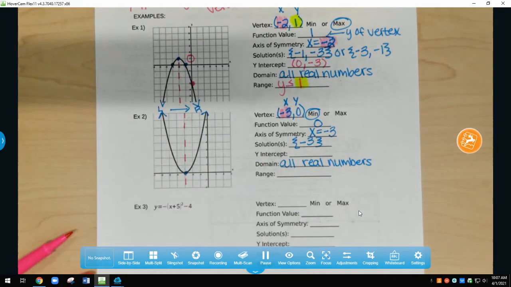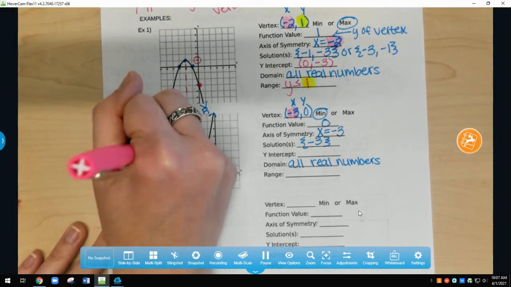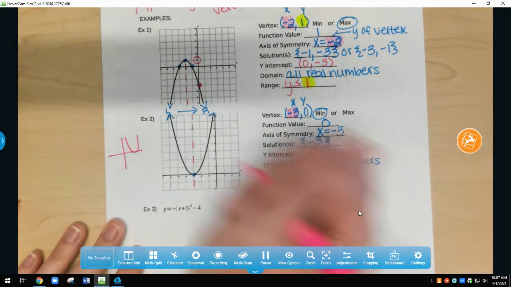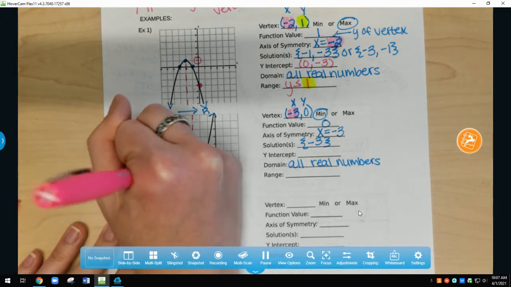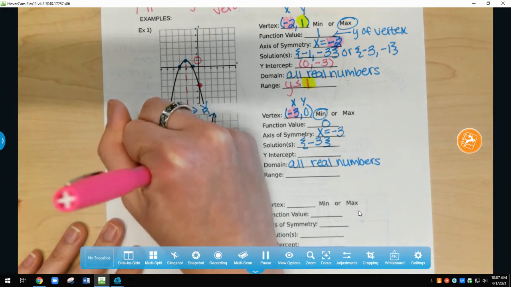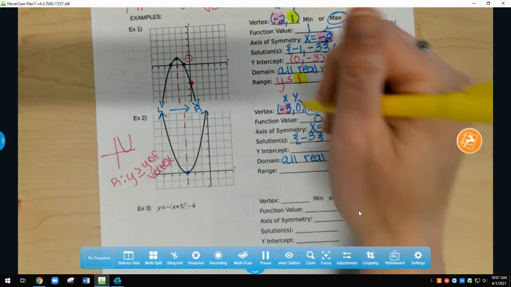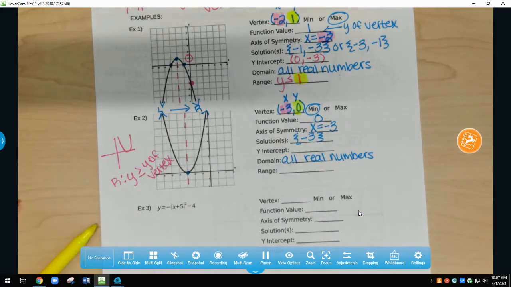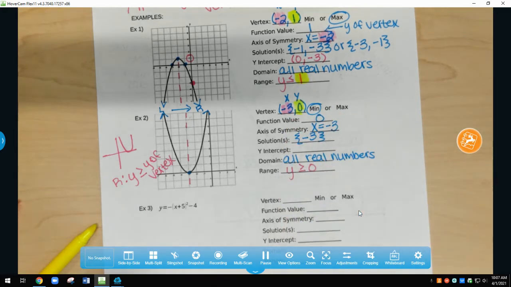This time, since it opens up, our range is going to be y is greater than or equal to the y of the vertex. So the y of the vertex is 0, so my range is going to be y is greater than or equal to 0.